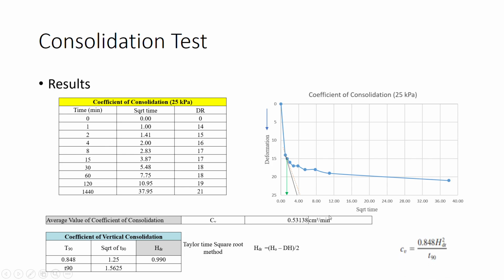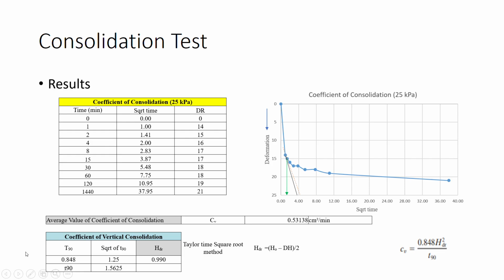So this is basically the Taylor square root of time method, in which we require the square root of the time, and the other is the deformation reading. So this is the deformation reading along the y-axis and square root of time readings along the x-axis, and these are all the readings obtained from the tests.